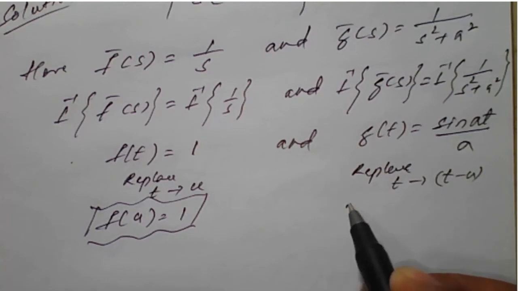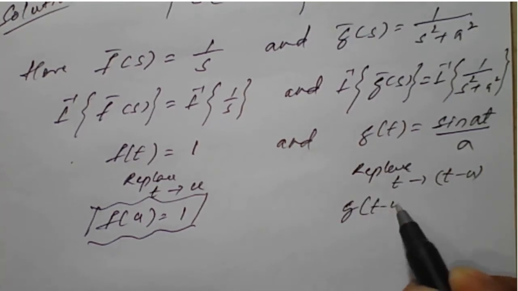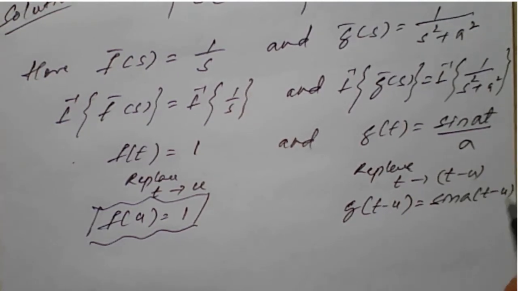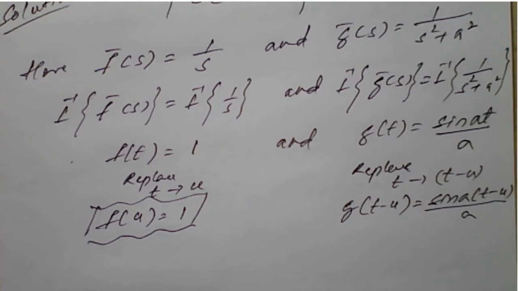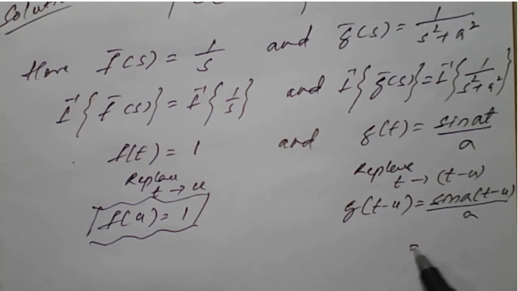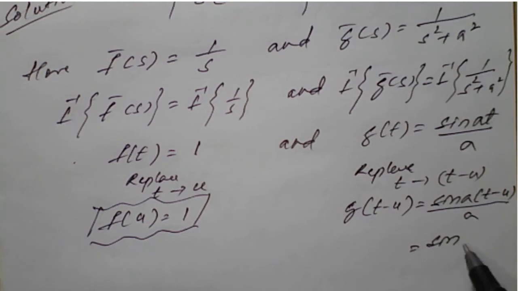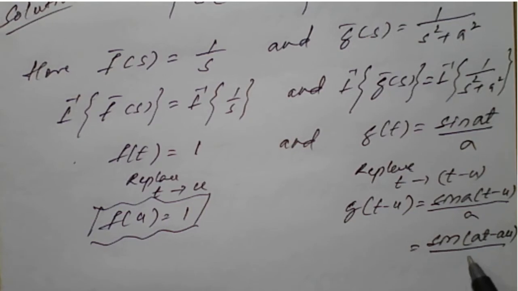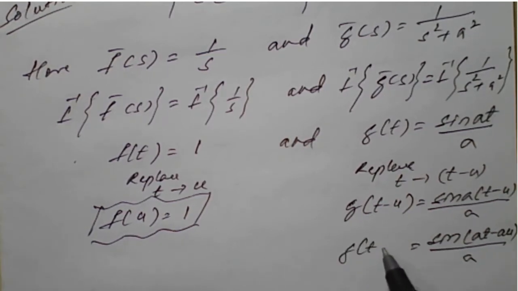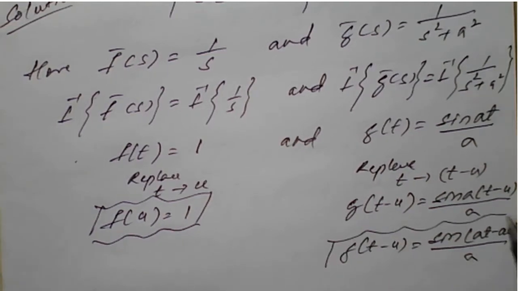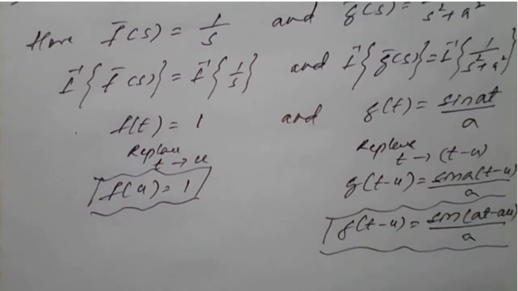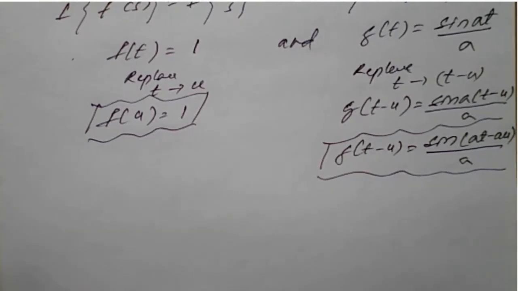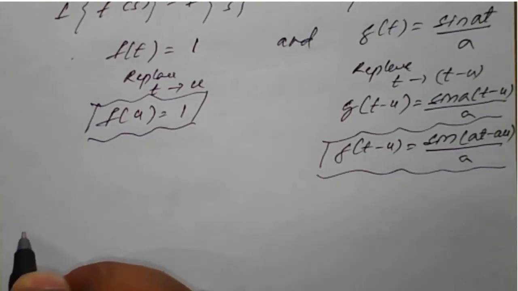So we'll get g of t minus u is equal to sine of a into t minus u divided by a, which I will rearrange by multiplying a, so it becomes sine of at minus au divided by a. This is the value of g of t minus u. This arrangement we need to make first before applying the convolution theorem.